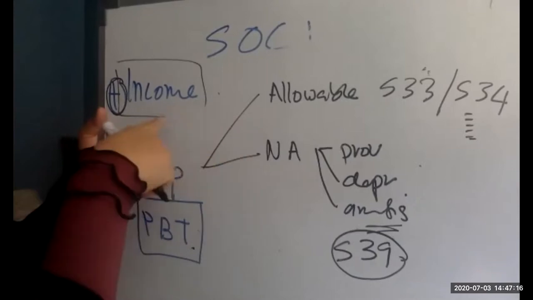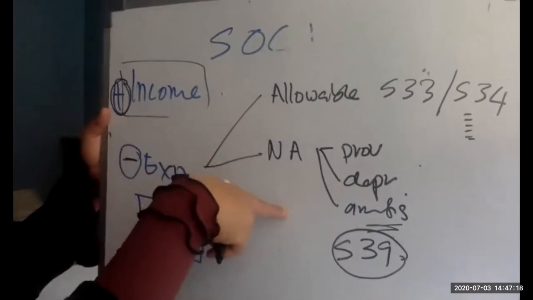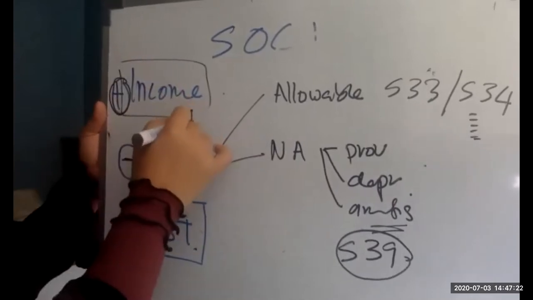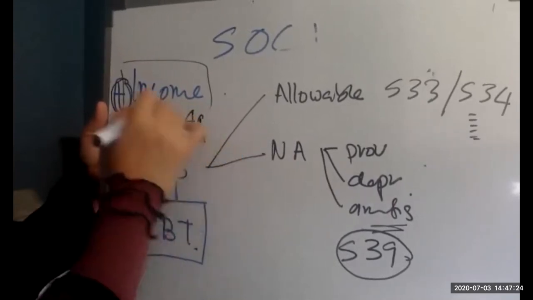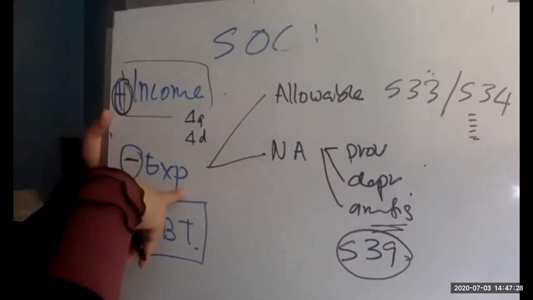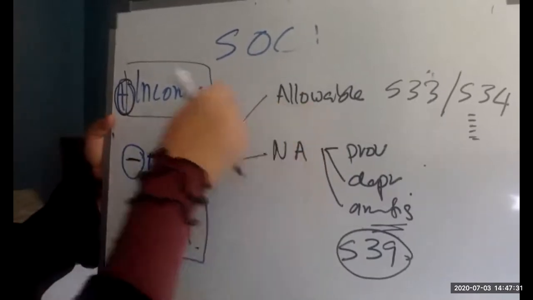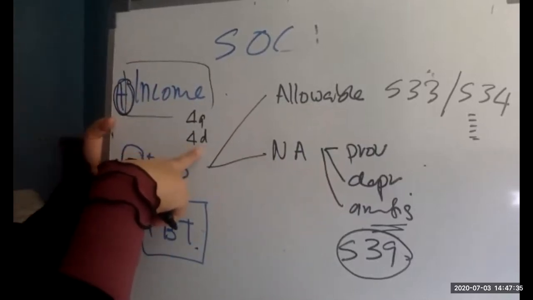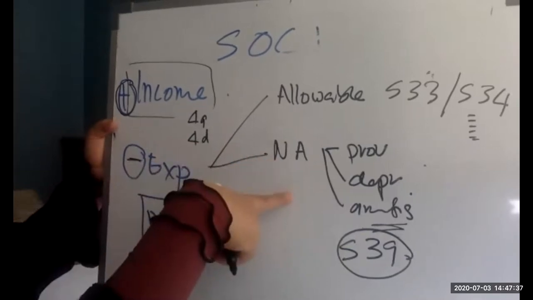So when we say not exclusively incurred, if you have income here, you have section 4A. At the same time, you also have income from your 4D rental. The expenses allowable are only the section 4A expenses. Any expenses related to 4D are not allowed to be set off against 4A income.